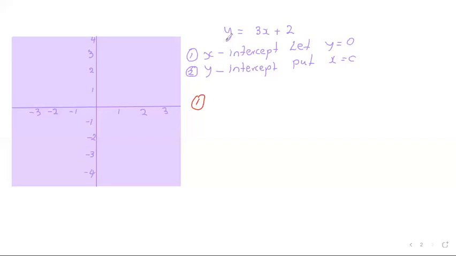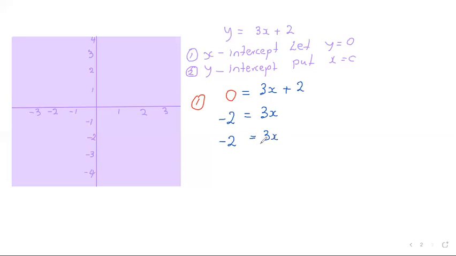X-intercept, y is 0. That y there is 0. And then that will equal 3x plus 2. I can transpose the 2. Negative 2 equals 3x.